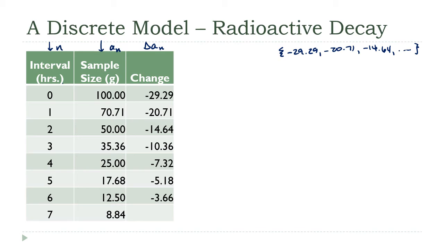We take each change value and divide it by the previous sample size. That's going to be my fourth column here. You're welcome to pause and do those calculations for yourself, if you want to see for yourself what's going on, then you can start this back up and see my results.